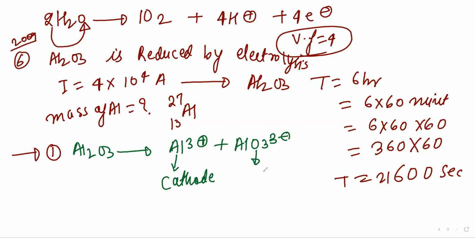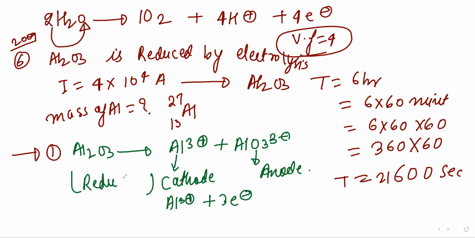This is minus, deposited at the anode. So at the cathode the reaction is Al3 plus 3 electrons, a reduction reaction. Gain of electron is called reduction. So it will form aluminum solid.